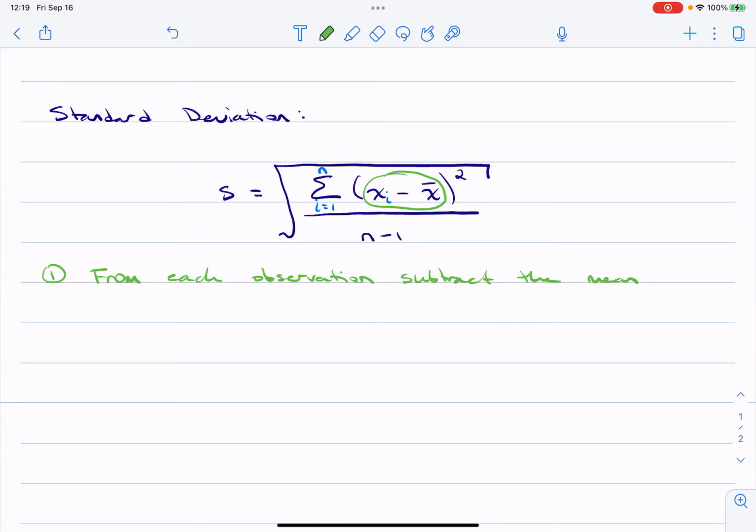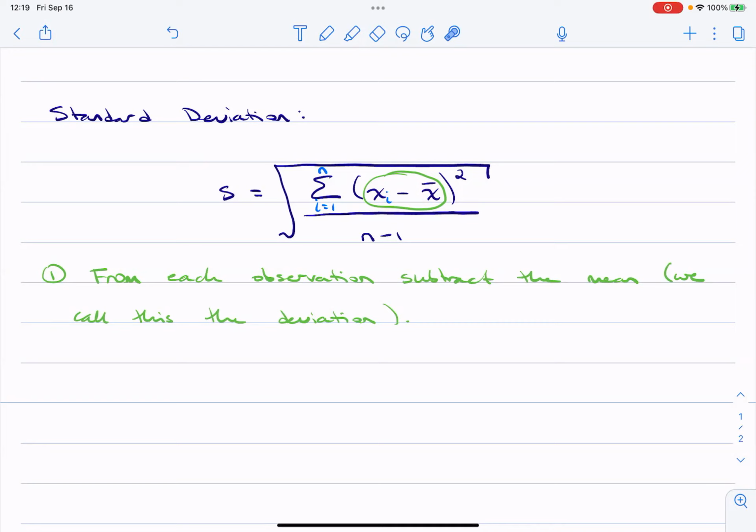And here I'll make a note that we call this the deviation, which is where the name standard deviation comes from, of course. If you think about it as a measure of spread, what are we interested in? The spread from the center. That's exactly the root of this calculation: finding how far all these things are from the center.